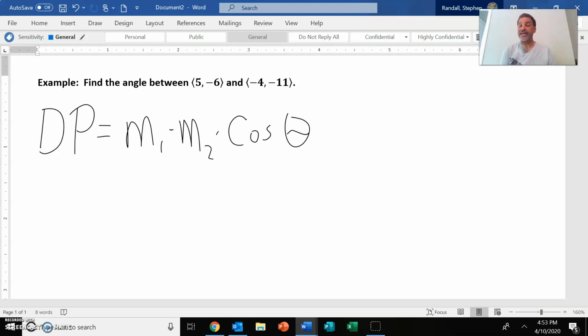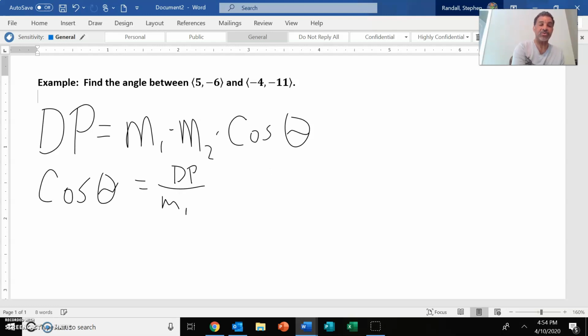So that's the cosine of theta, which is what we're looking for. Well, in this case, we don't know theta, so we'd have to solve for theta. Since we're talking about algebra, if we solve for it, the cosine of theta would equal the dot product divided by magnitude 1 times magnitude 2.